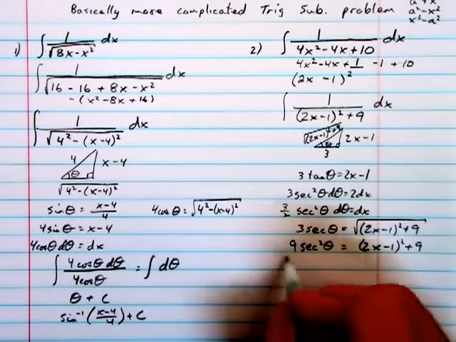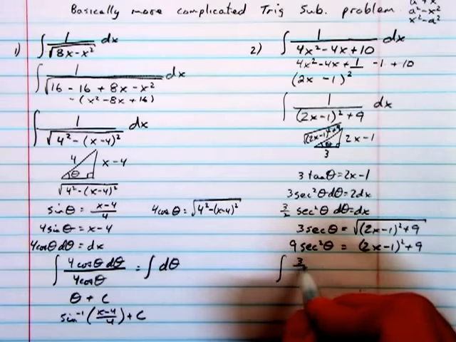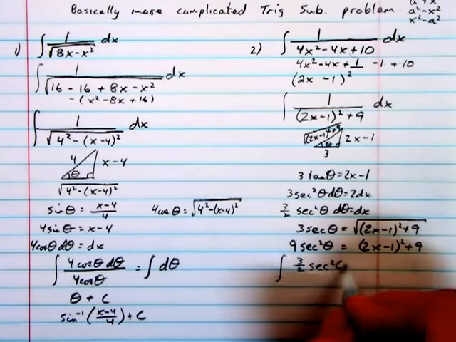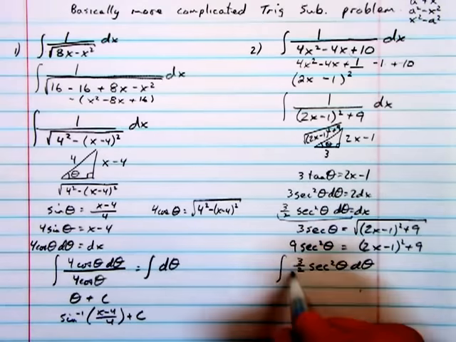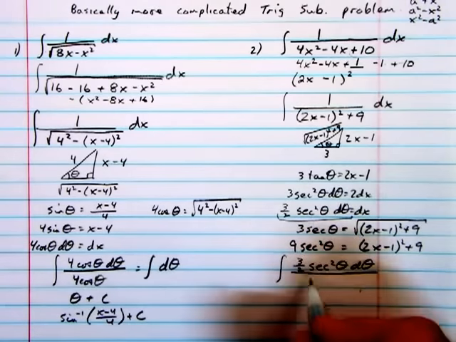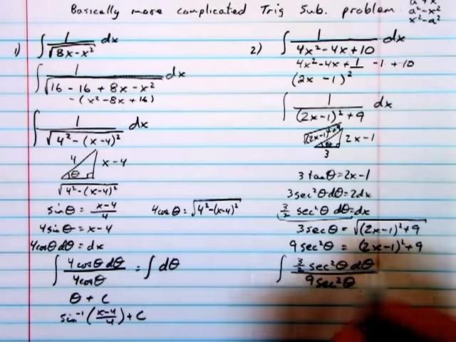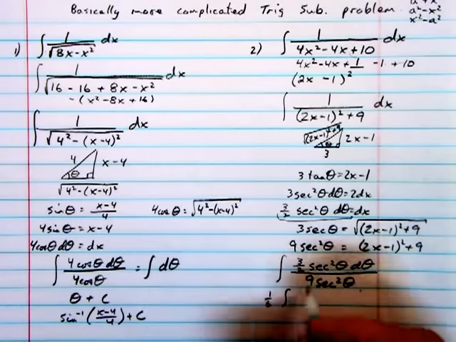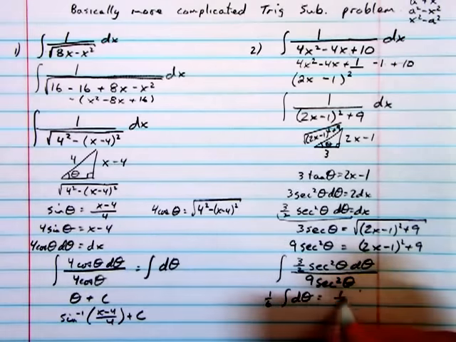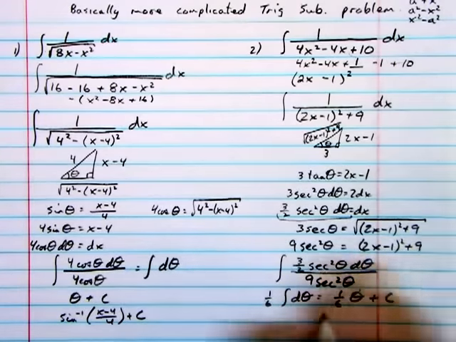Make our substitution in. And we'll have on the top 3 halves secant squared theta d theta. That's coming from here. That's our dx. And on the bottom, we have the 9 secant squared theta. Reduce that fraction, we get 1/6 the integral of d theta. So it's 1/6 theta plus c.